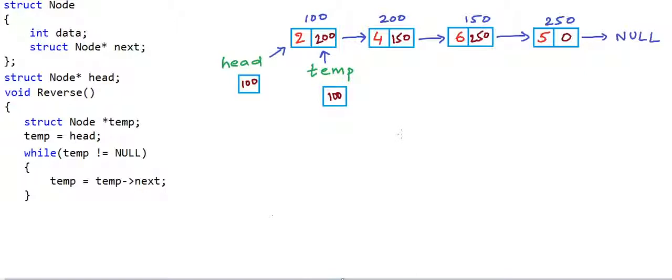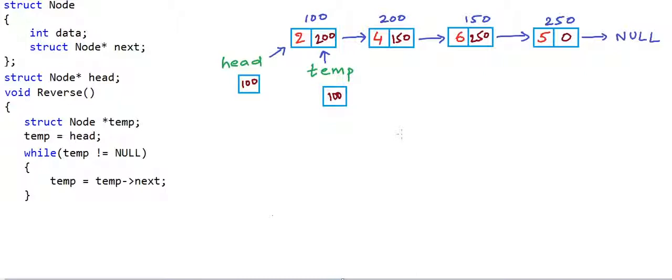In our problem here, we don't just have to traverse the list. As we traverse the list, we have to reverse the link. So we have to set the address field of a particular node as the address of the previous node instead of the next node. Now in a linked list, we would always know the address of the next node, but we would never know the address of the previous node. So as we traverse the list, we will have to keep track of the previous node in another variable.